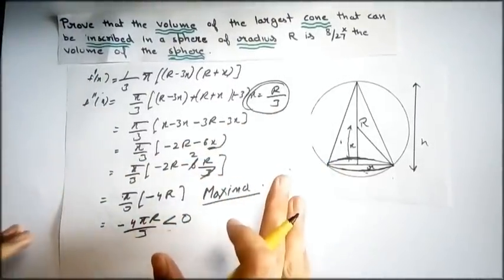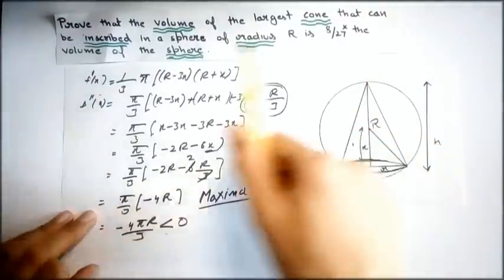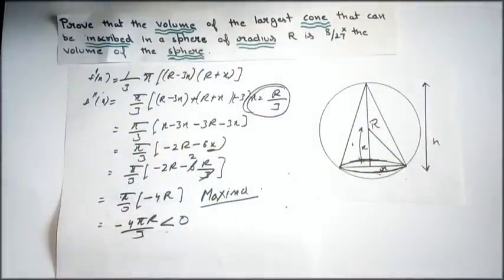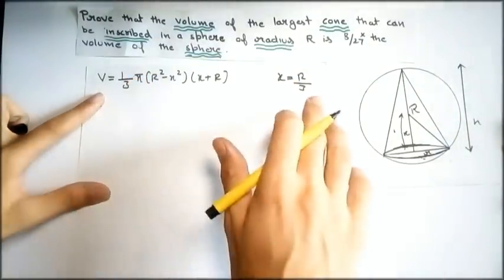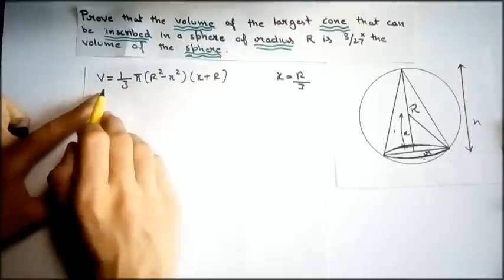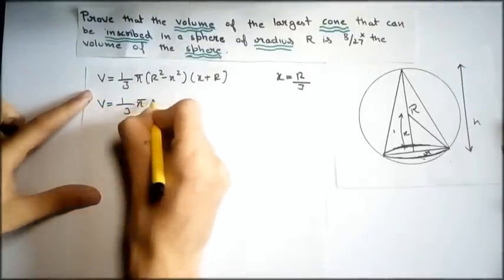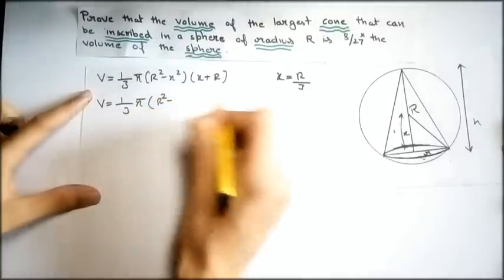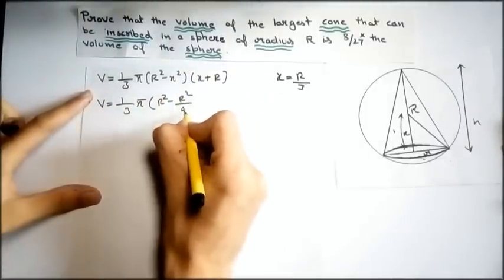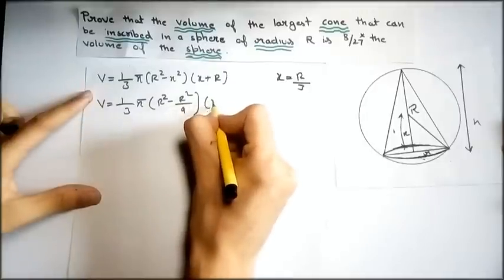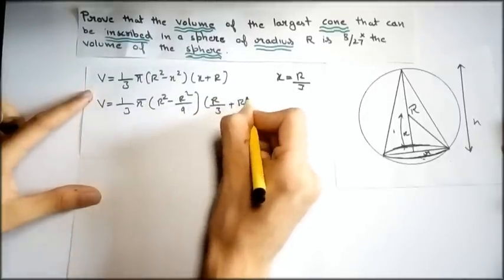Now the last step is to find out that this volume is 8 by 27 times the volume of sphere. So let's find out this. So this was the original volume of the cone and this is the value of x. Now we will just put in the value of x in here, that is volume is equal to 1/3 pi times r square minus x square, times r by 3 plus r. Now 3s are 9, and then r square by 9.